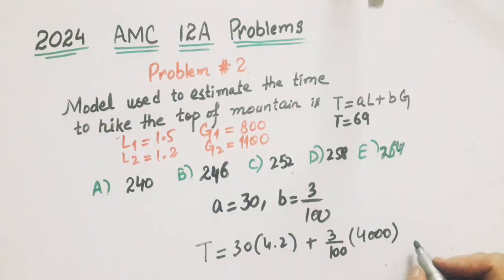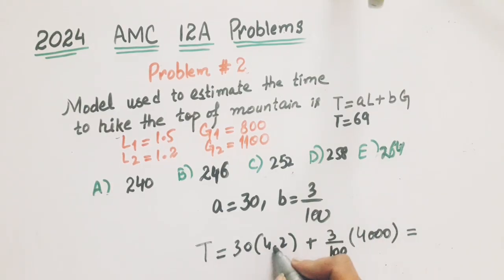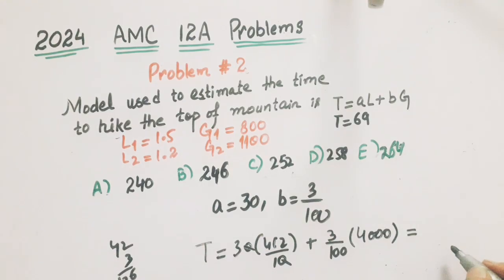So by simplifying, the zeros cancel out. 42 into 3 is 126. Plus, 0 and 0 cancel out, 40 into 3, 4 into 3 is 12.